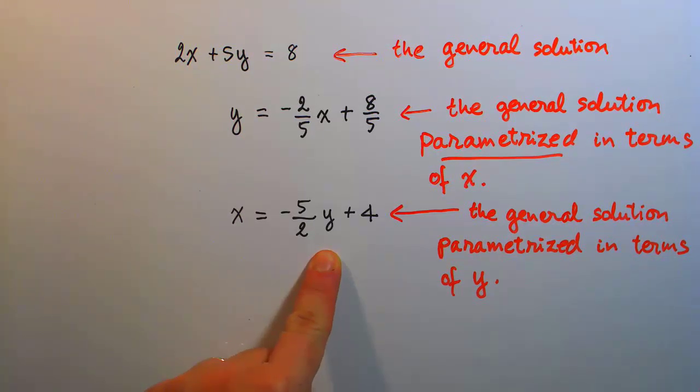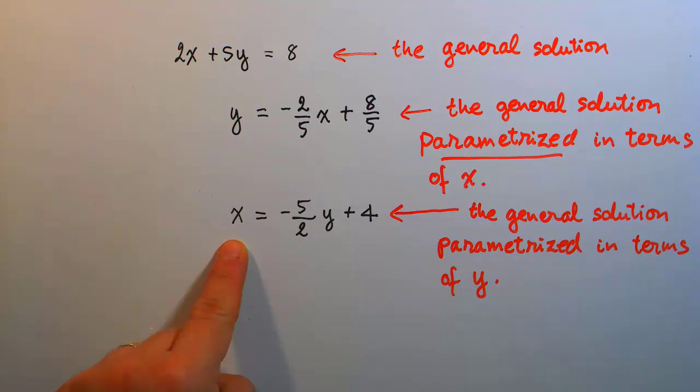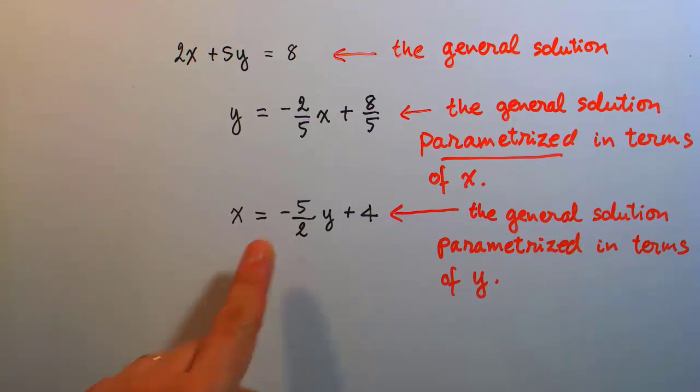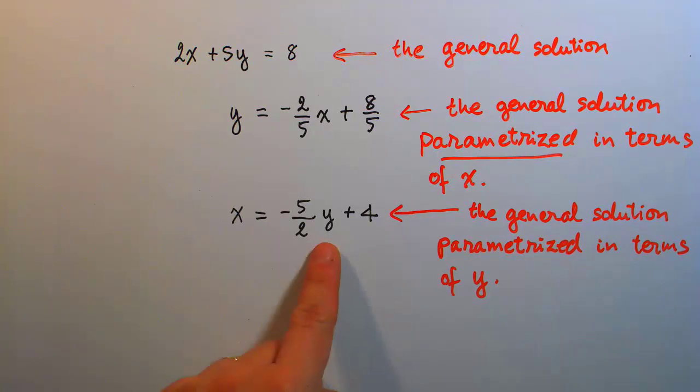We can choose an independent value for y, and the value for x comes out dependently on the value of y.